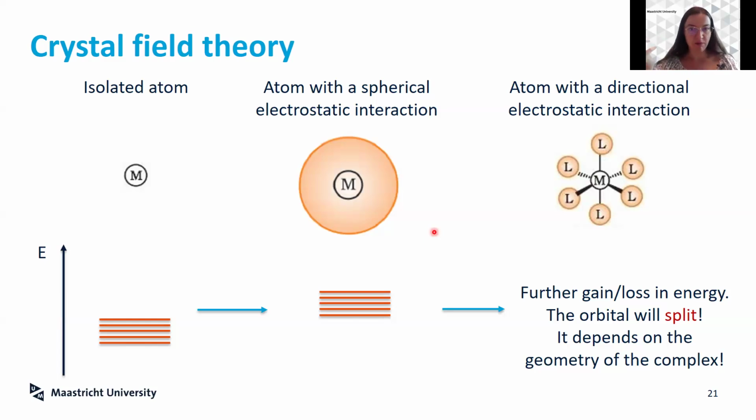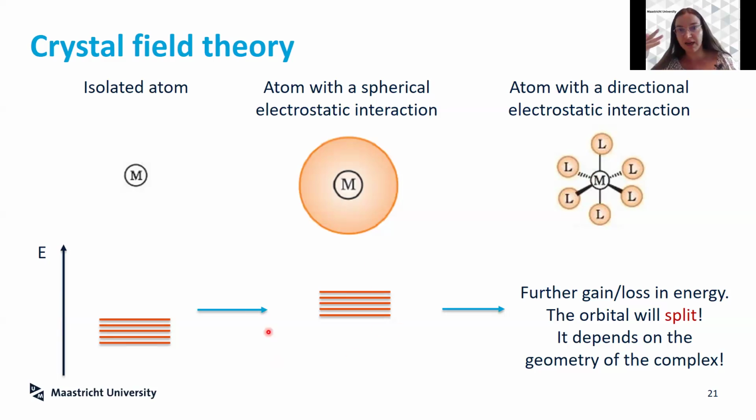However, in a complex, we know that the ligands don't come from every direction isotropically. They do not come from a sphere. They come with a very precise directionality of interaction that is given from the geometry. So you are going to have a very precise point in which the electrostatic interaction with the other thing that is bringing the electrons is triggered, and other directions where there is nothing. So these orbitals will be further influenced.